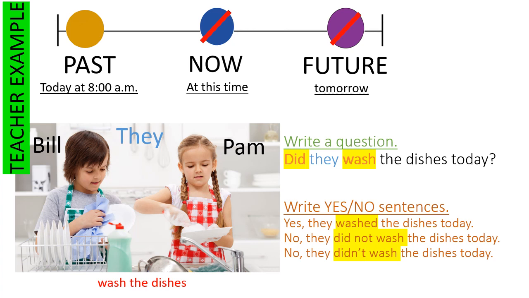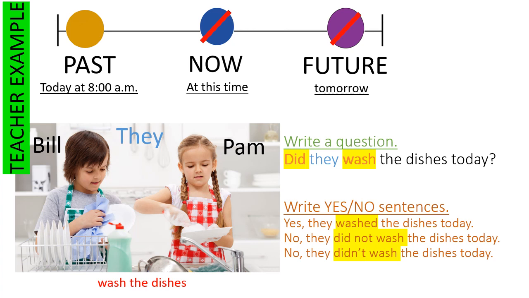So my sentence reads, did they wash the dishes today? So they, we're talking about two people, Bill and Pam. Our action is wash the dishes, and we know it's in the past.